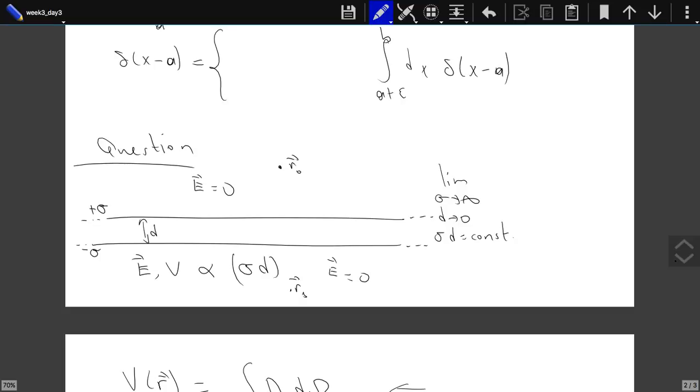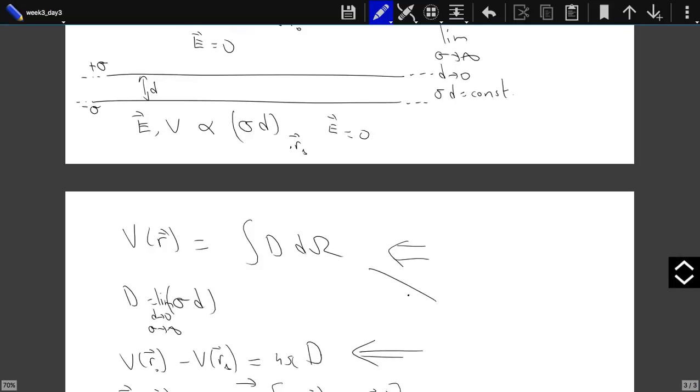So if you have a finite capacitor, how can you say, looking at this expression, that it depends on the position? Since the potential depends on the position, the electric field will be non-zero, because the solid angle for the first plate is not the same as the solid angle for the other plate. Well, you see, if you take the limit d goes to 0, the solid angles will be the same.